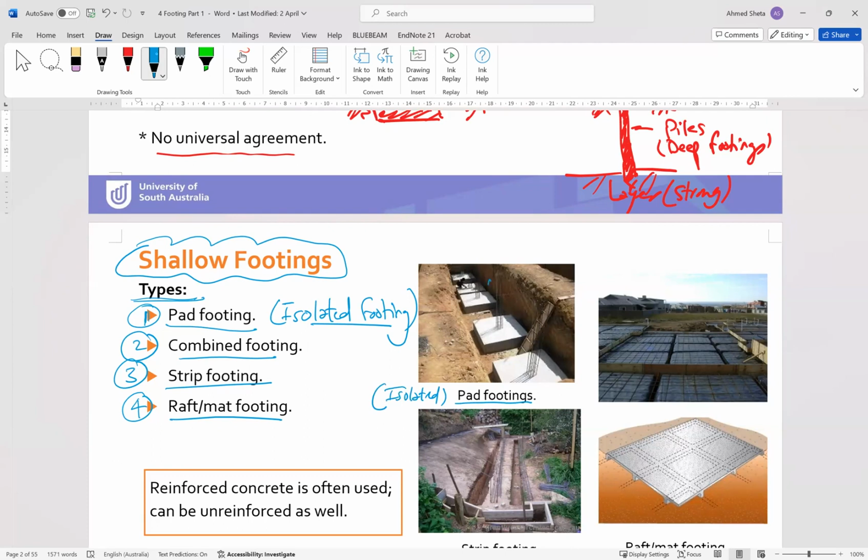So, for example, if you have a column like that, the column is supported by one footing like this. This is an example of the combined footing. If you have two intersected bed footings, it can have, for example, two columns. So this is an example of the combined footing.